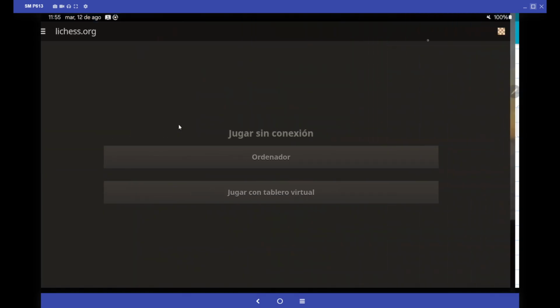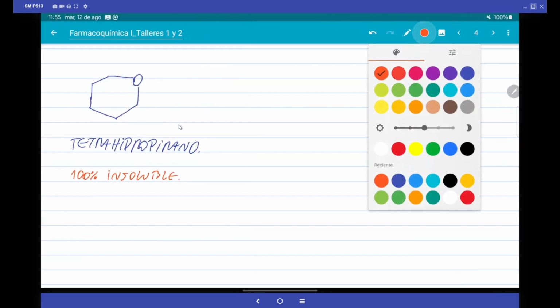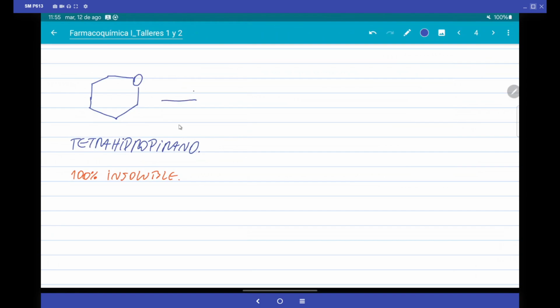But let's do the next transformation. I'm going to draw it this time with a little perspective, the profile, let's say. And I'm going to do what is called a Haworth projection.